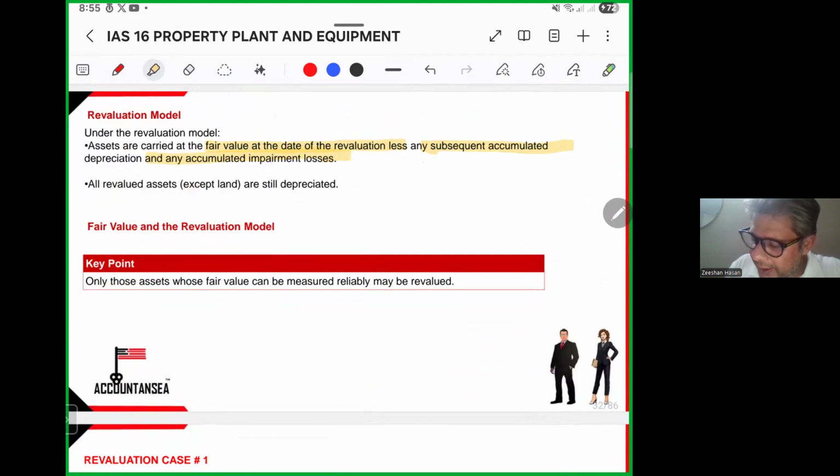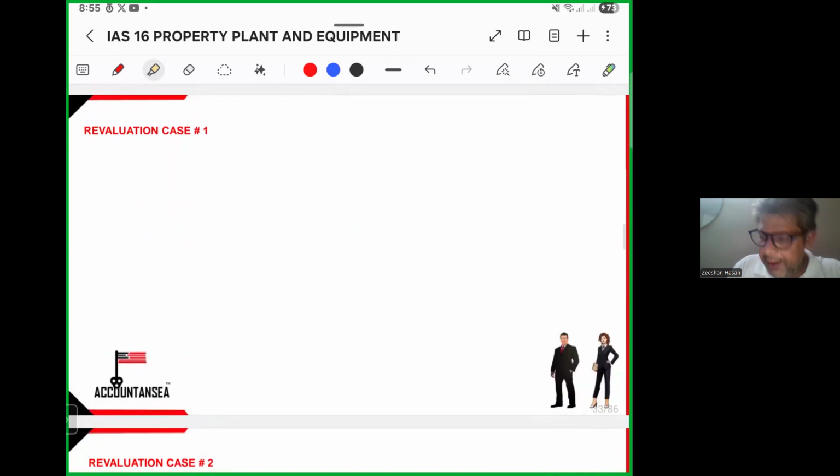So all revalued assets except for land are still depreciated. Okay. Fair value and the revaluation model: only those assets whose fair value can be measured reliably may be revalued. Remember that. Okay. Now we have four cases of revaluation.